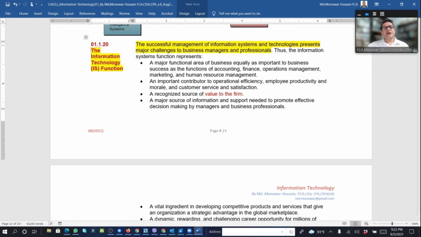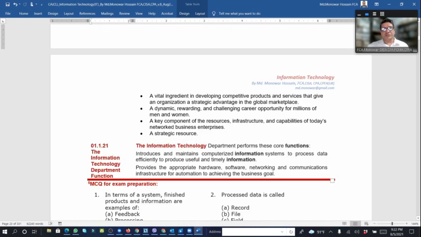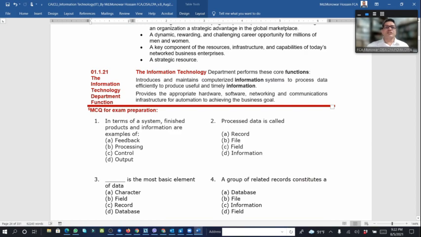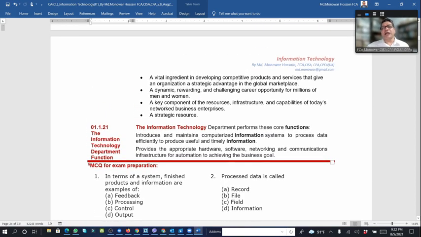That means all of it should be aligned with the business mission. Every organization has an IT department, also called the ICT department, information communication technology department. Our ICAB also has an IT department. Now our class is being taken and arranged by the IT department. So what do they do?